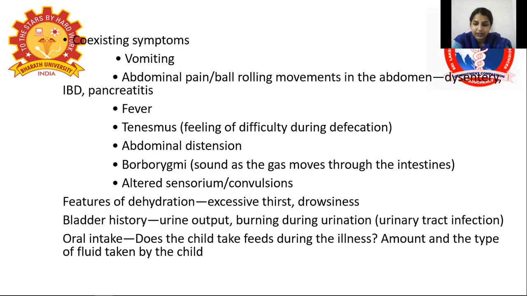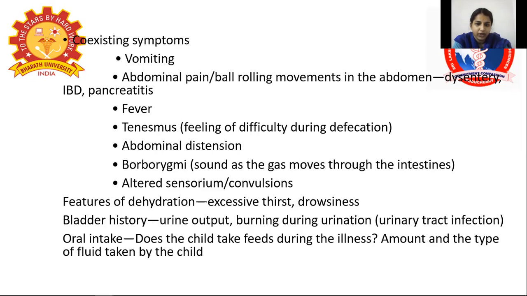Severe abdominal pain usually doesn't happen in diarrhea; it happens in dysentery, like Shigella dysentery, or in IBD and pancreatitis. The association with fever usually indicates an infection. Tenesmus, a feeling of difficulty during defecation, and whether there is pain during defecation or not. Abdominal distension and borborygmi, the sound as gas moves through the intestine, usually happen in diarrhea.